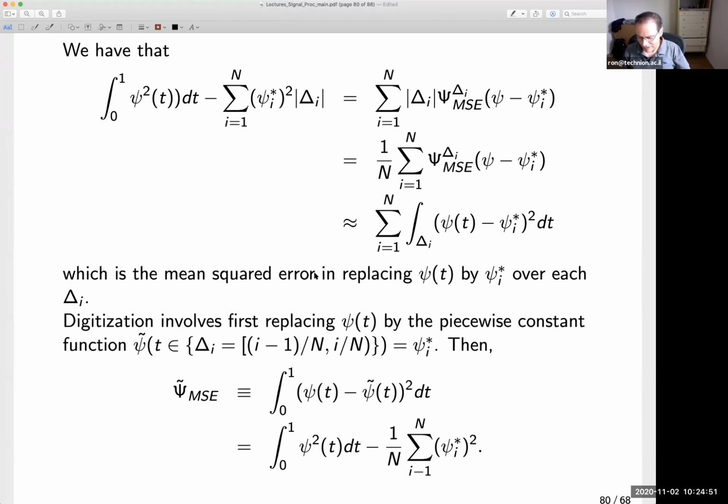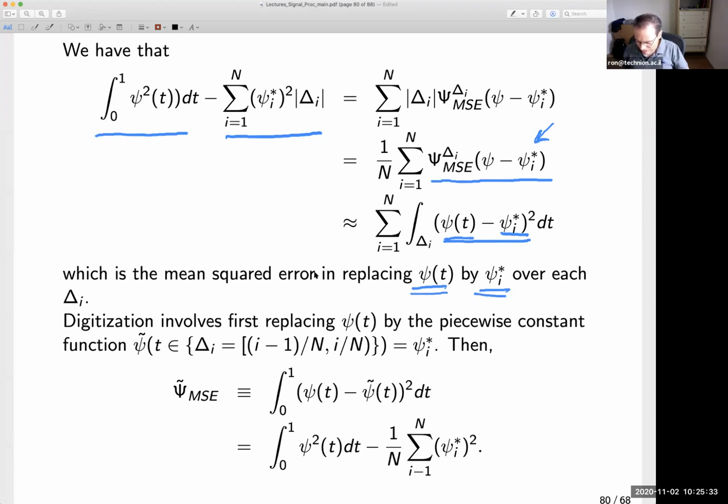We have that subtracting from the energy of the signal this part, we get at the end of the day the MSE of subtracting from phi the optimal psi within each interval, as my regular MSE, which means that the square error is realized by replacing phi of t by the average in each interval.